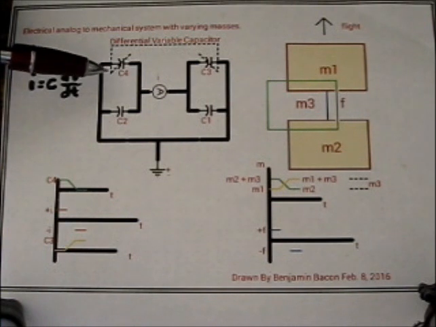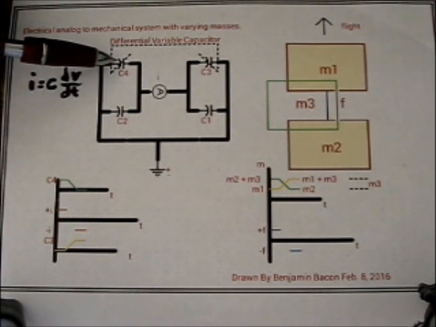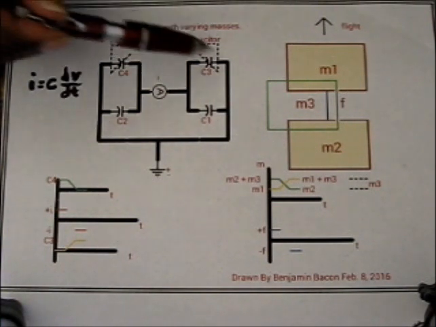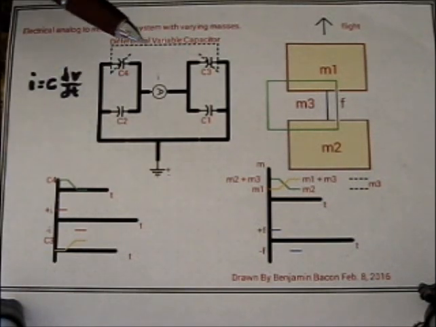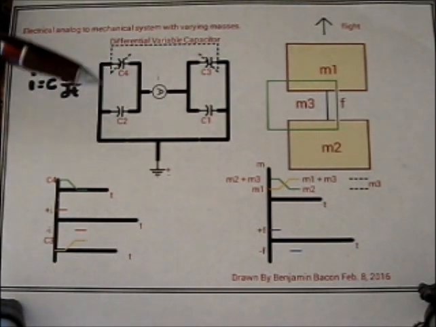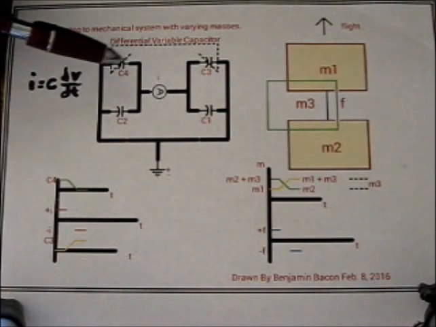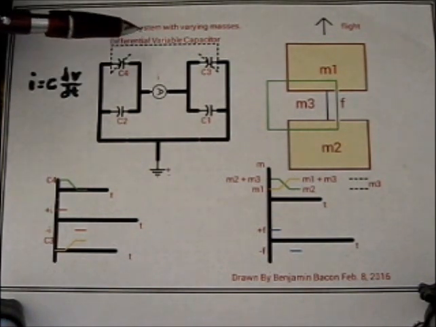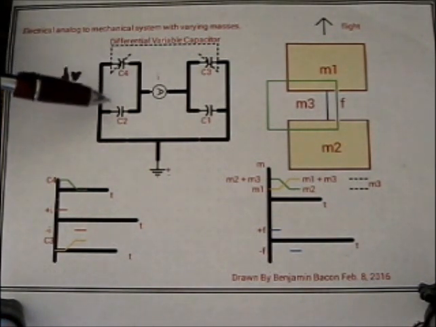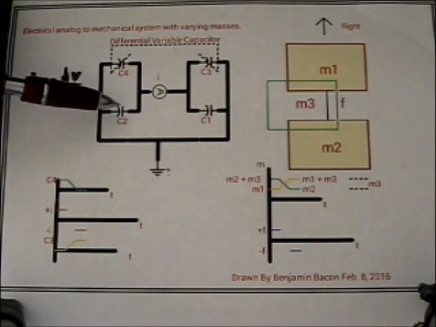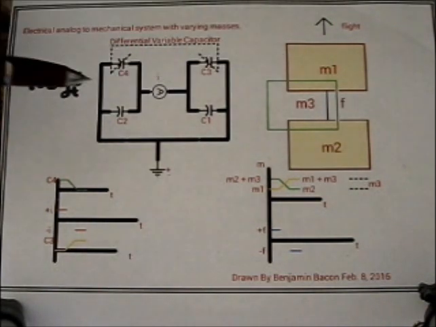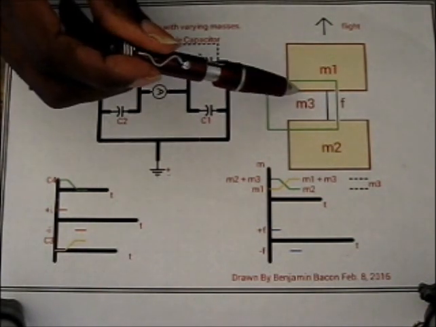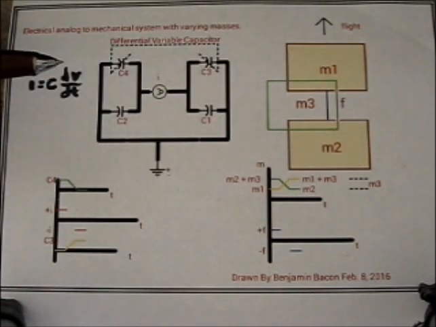This is the same as moving a mass from here to there or from there to there just by rotating the axis of the device. And this is an actual device that you could purchase at a store or build yourself. So let's look at how this analog is the same as this mechanical model.